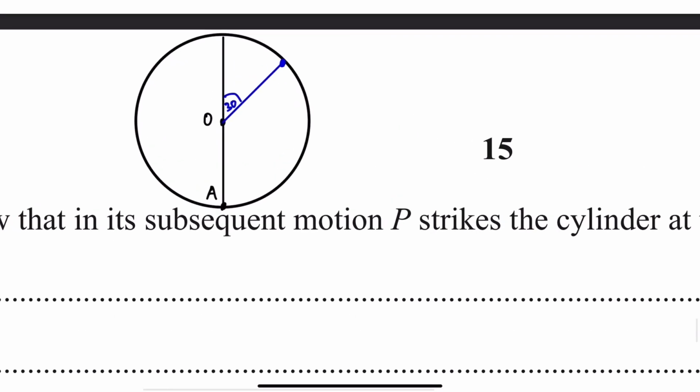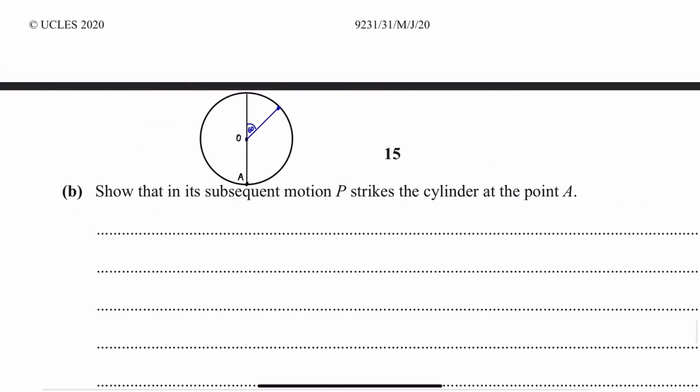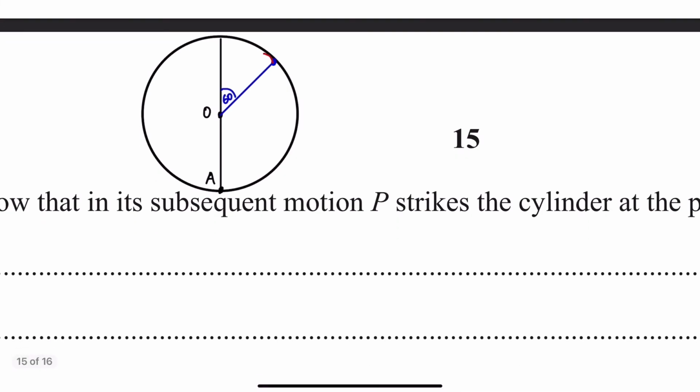I'm so sorry. Alright, so we need to prove that P strikes the cylinder at point A. That means after losing contact, the particle goes like this and strikes A.